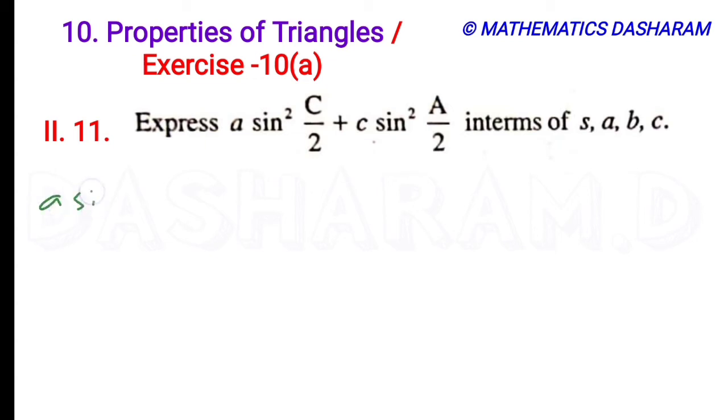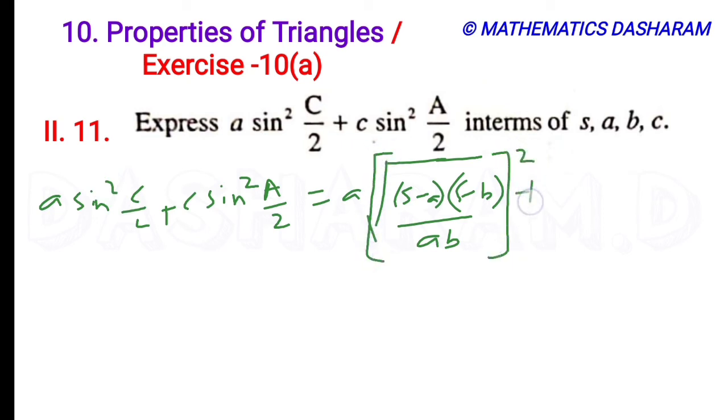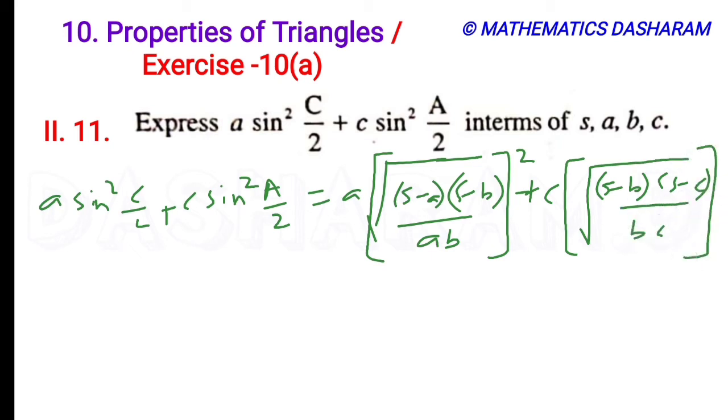So here a sin²(C/2) + c sin²(A/2) equals a times sin²(C/2), whose formula is under root of (s minus a)(s minus b) divided by ab, whole squared. Next, plus c into sin(A/2), whose formula is under root of (s minus b)(s minus c) divided by bc, whole squared.